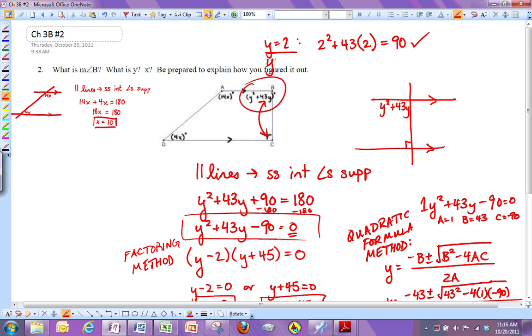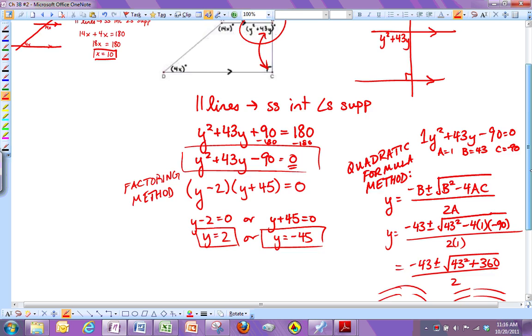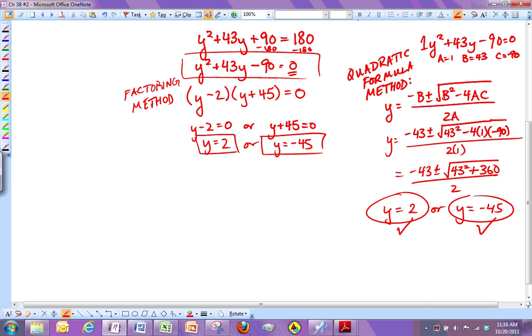If you plug in negative 45 instead, then you're going to get negative 45 squared plus 43 times negative 45. If you actually check this on your calculator, notice I put the negative 45 in parentheses before I squared it, which is what you're supposed to do. And if I do that, you also get 90, so that's good too. So it turns out down here, both answers actually work.